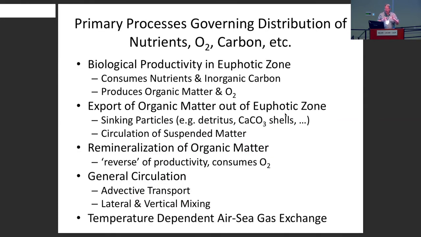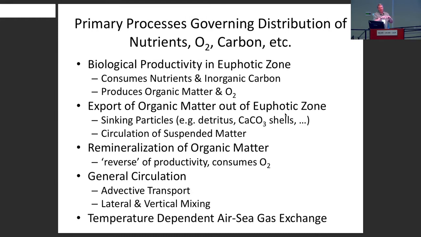So here's a summary in words of what I was just referring to. The primary processes governing the distribution of nutrients like nitrate, and dissolved oxygen and carbon, are biological productivity, which is in the euphotic zone because it requires light. This consumes nutrients and inorganic carbon, and produces organic matter and oxygen.